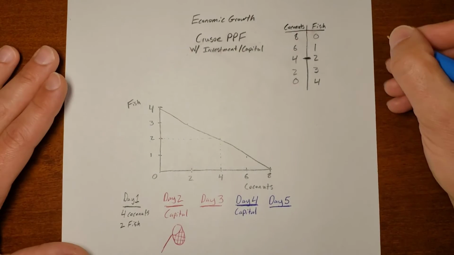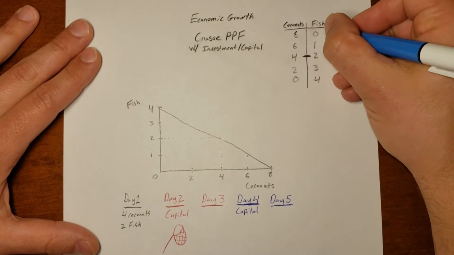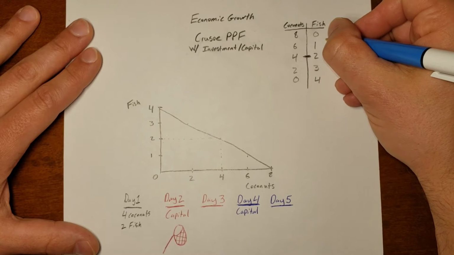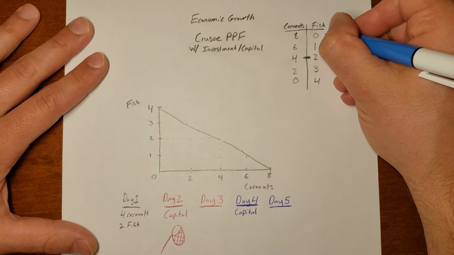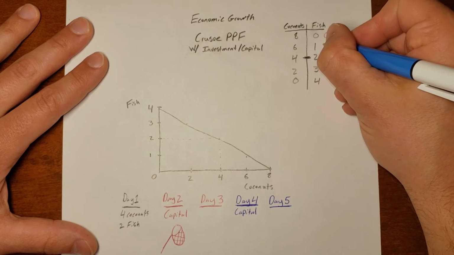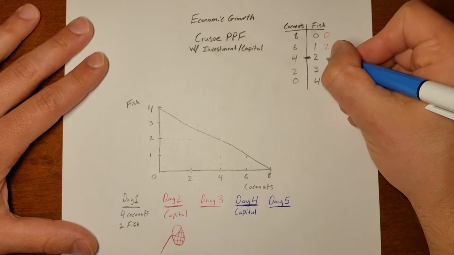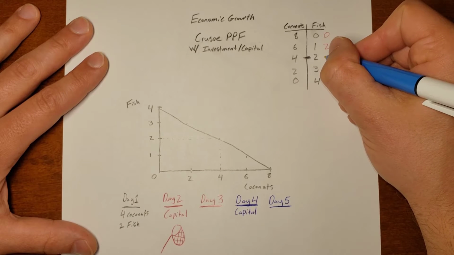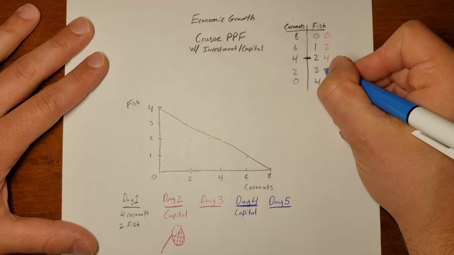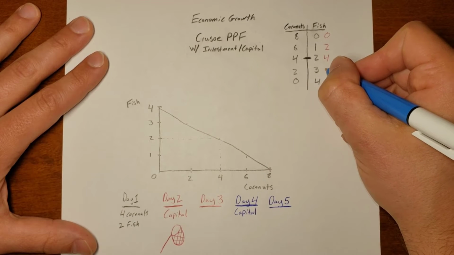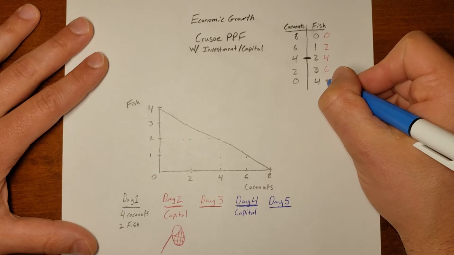And let's just say that after he invests in this capital, he's now able to double his output of fish. So if he's not producing any fish, it's still going to be 0. But if he spends 25% of his time catching fish, it's going to be 2 instead of 1. 1/2 of his time catching fish is going to be 4 instead of 2. 75% of his time is going to be 6 instead of 3.